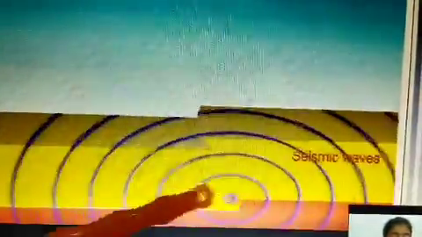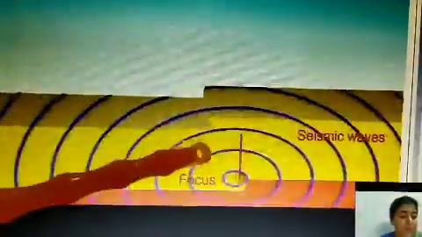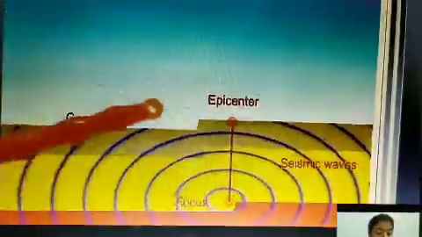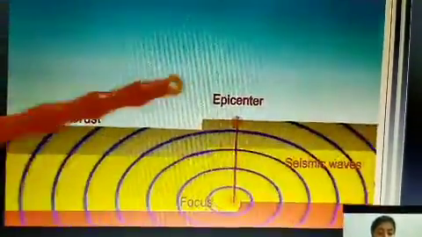The point on the earth's surface which is vertically above the focus is called the epicenter. And that is why there are certain waves which are caused as a result of vibration. These are concentric waves from the focus, right? And these waves are called seismic waves, right?